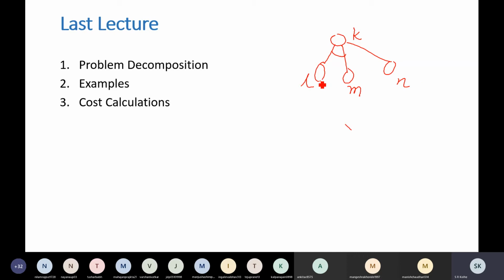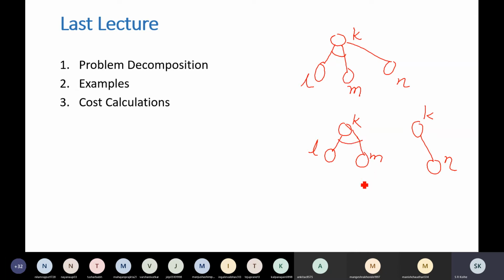One is there is a path through L and M, and another is there is a path through N. So one subproblem is this K, L, M, and another subproblem is from K there is a path to N. Because of this AND, that may result in a situation something like this is AND.